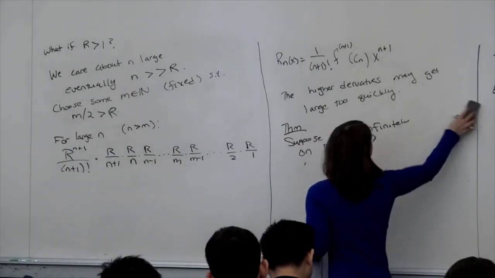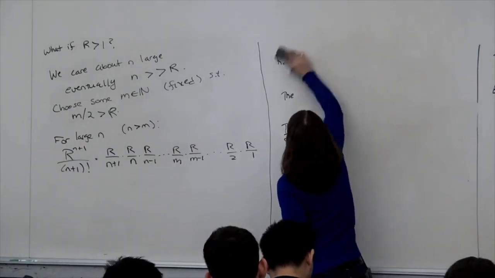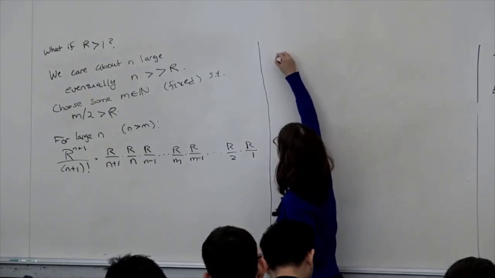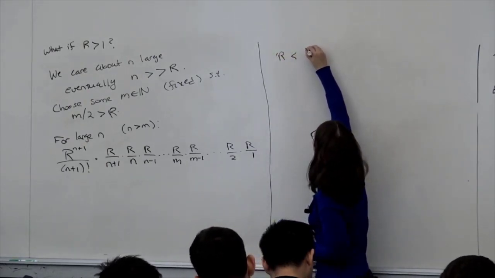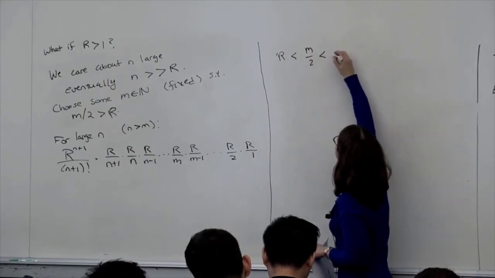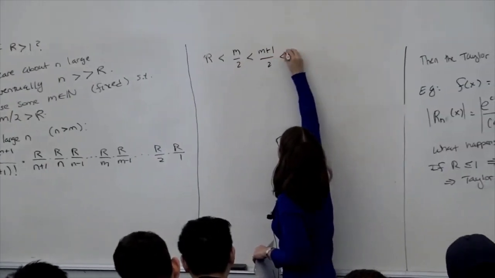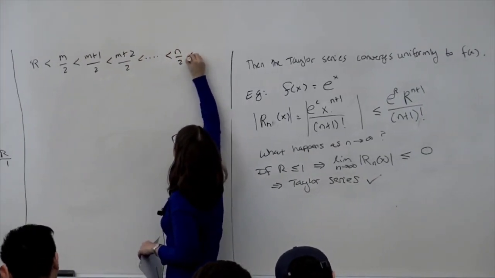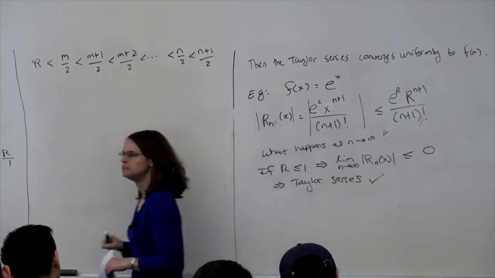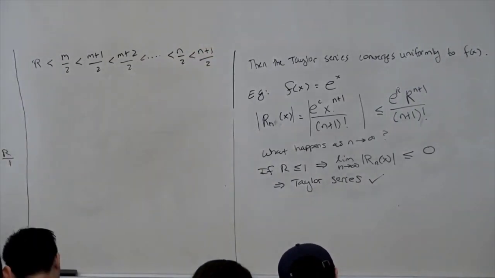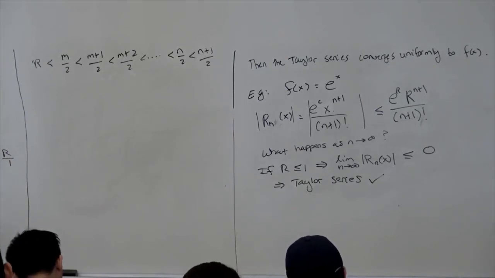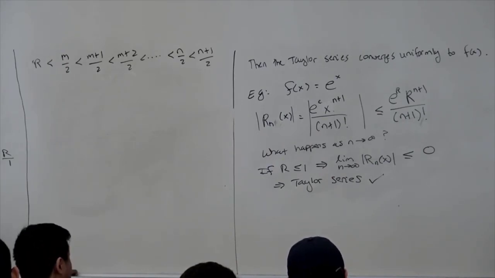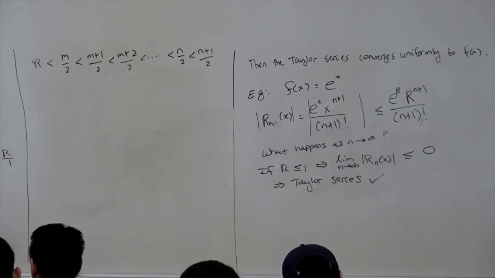So I'm going to use that fact. I'm going to look at this and say, well, this r is less than n plus 1 over 2.